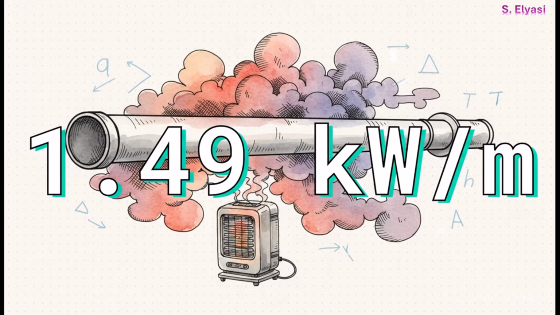And here it is, the final answer. Using the simple formula that heat flow equals H times area times the temperature difference, we find that our hot pipe is losing 1.49 kilowatts of heat for every single meter of its length. To put that in perspective, that's like having a powerful space heater running, and all that energy is just coming from the heat pouring off the pipe into the air.